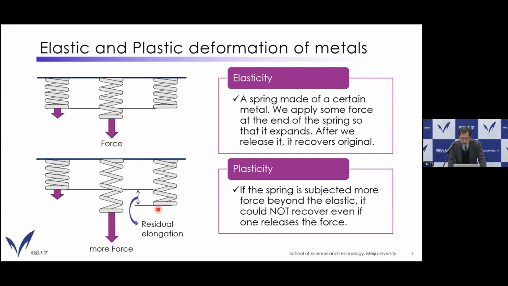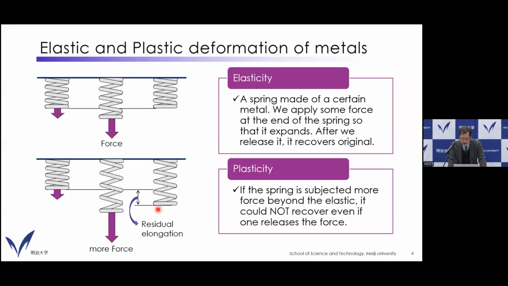The important point is that normal metal cannot recover its original shape once plastic deformation has occurred. However, a certain alloy consisting of 2 or more elements shows shape recovery by heating even after plastic deformation.